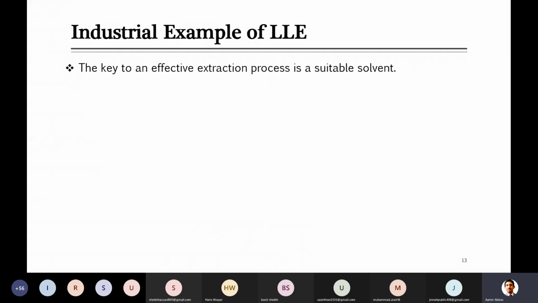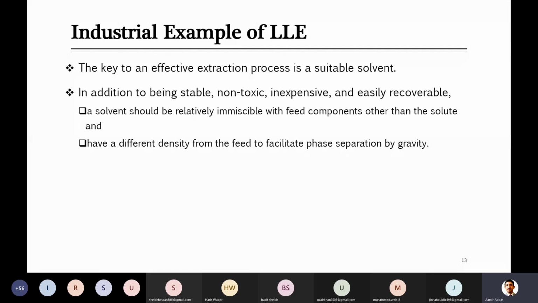Now, the last part of this discussion is the selection of the solvent. When we look at extraction, the solvent should be suitable.